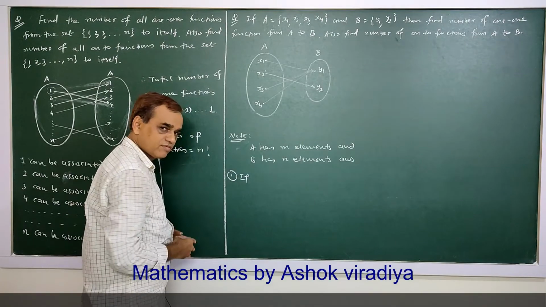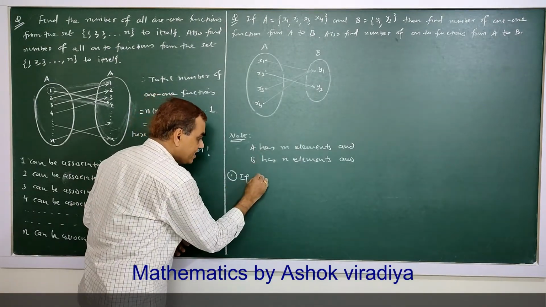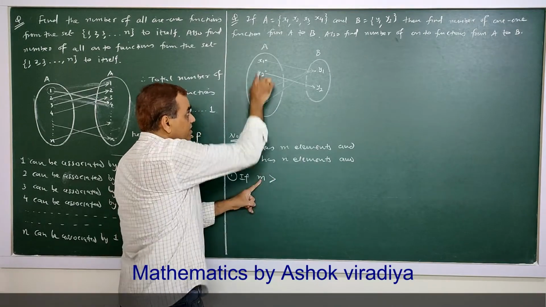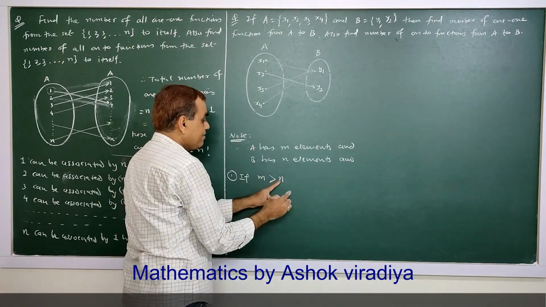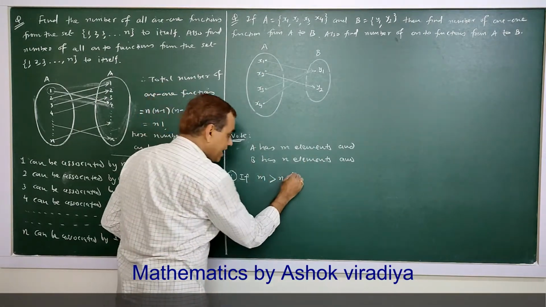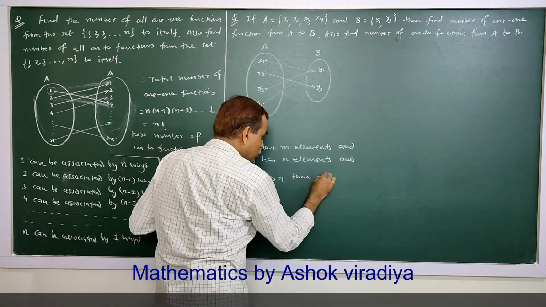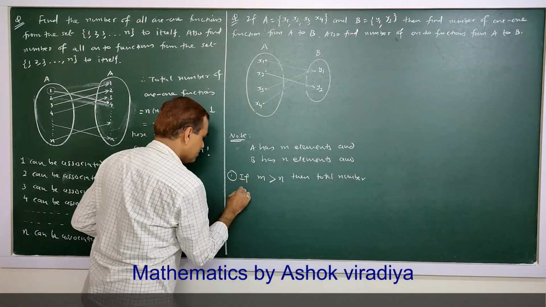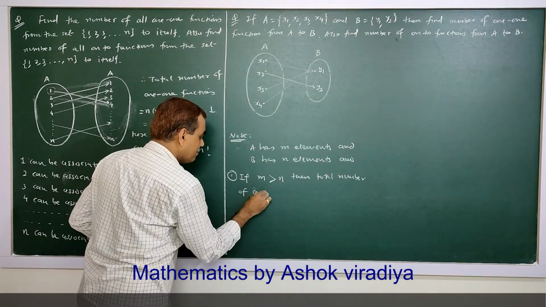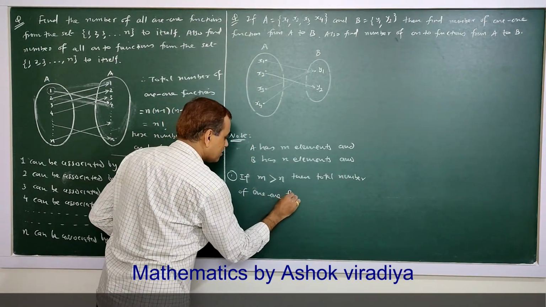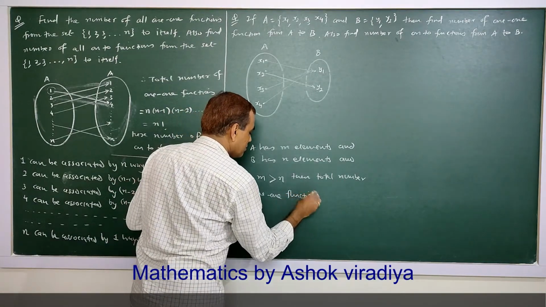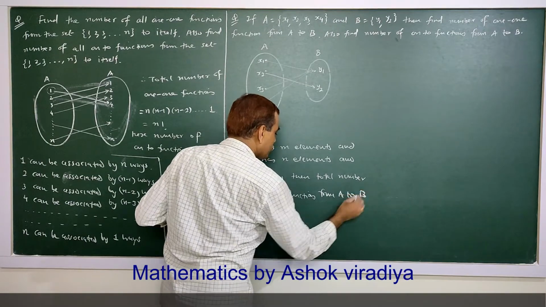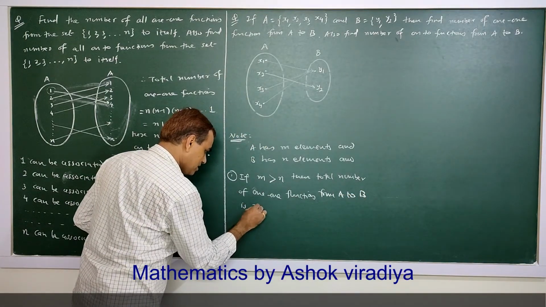If the number of elements in set A is greater than the elements in set B, then the total number of 1-1 functions from A to B is 0.